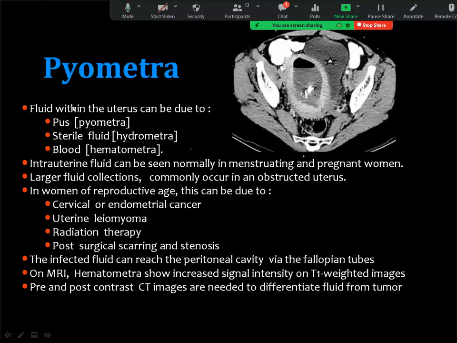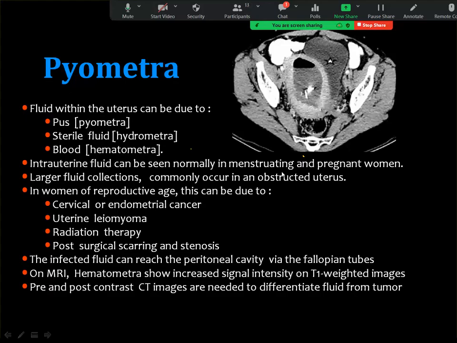If you can identify some fluid inside the uterine cavity, the etiology is like this. In cases of pus, it is known as pyometria. If it is a sterile fluid, then you call it hydrometra. If it is blood, then you call it hematometra.